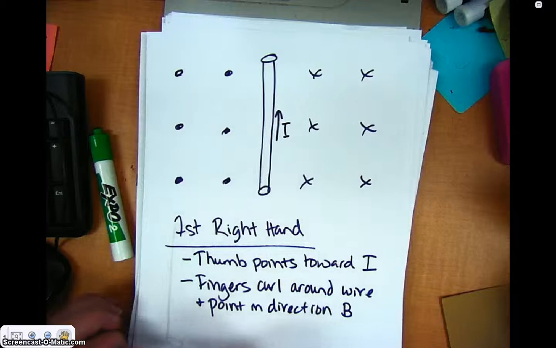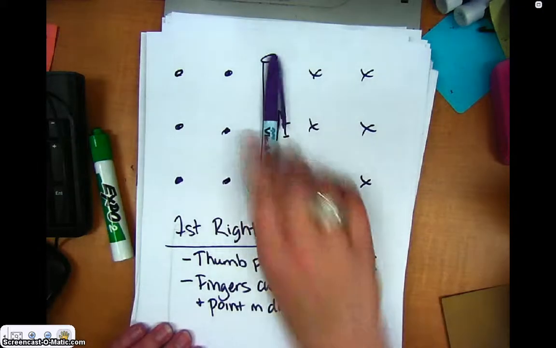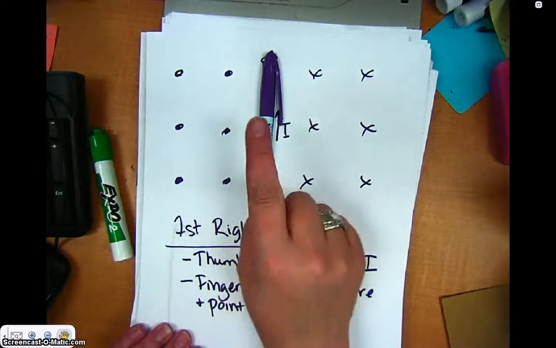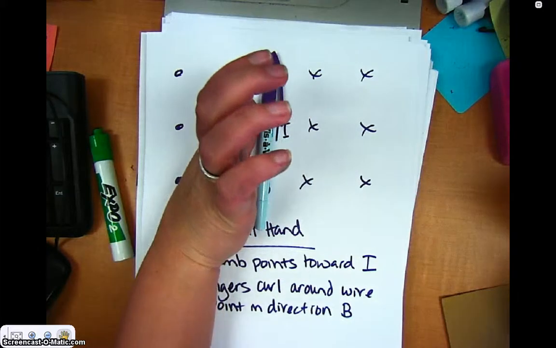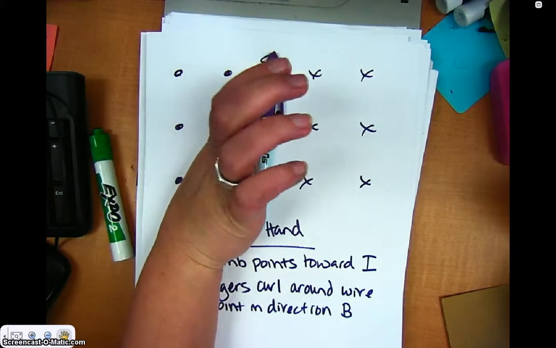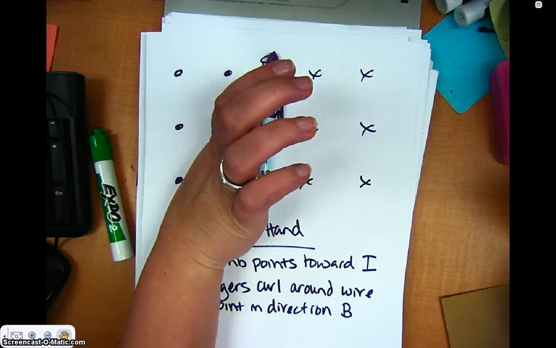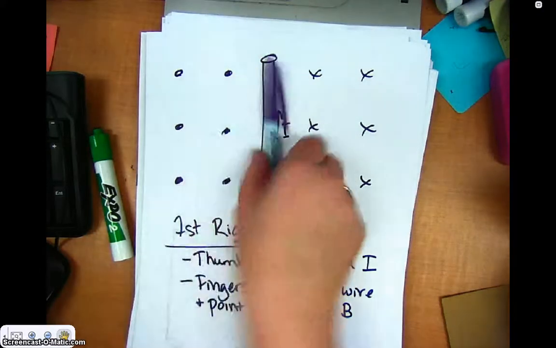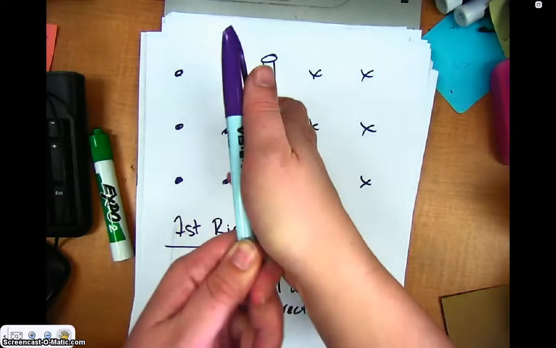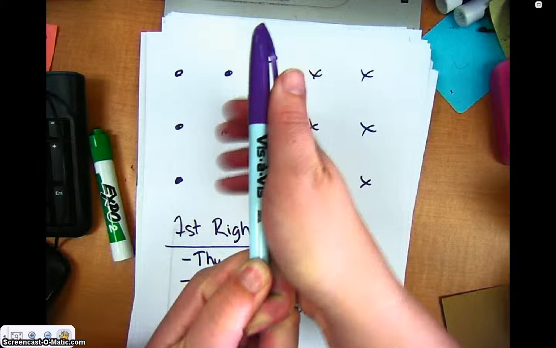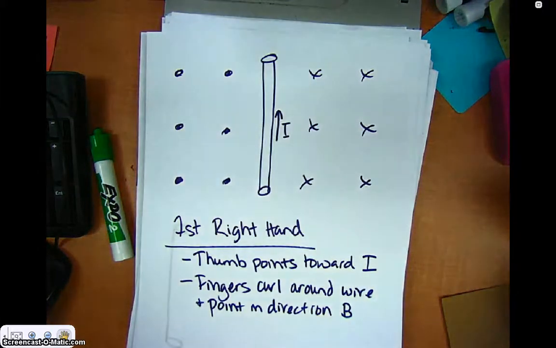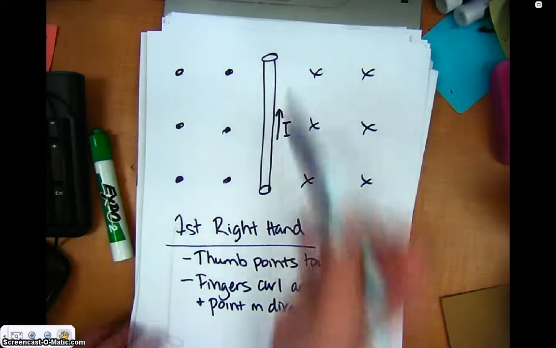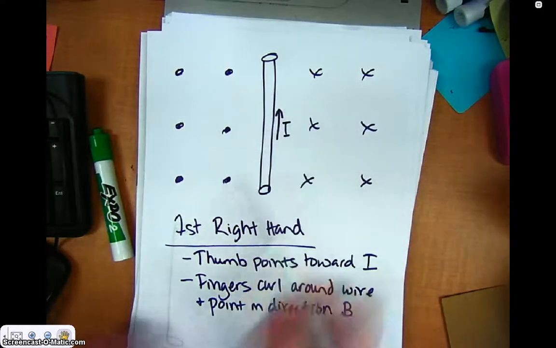Now, if I wanted to look, say, in front of the wire, so like up here, if I were to hold my hands like this, now my fingers would be pointing in this direction to the right. If I wanted to go down behind the wire, then they'd be pointing, as you can see, in this direction, which would be to the left. So we've got to think about it three-dimensionally. So a magnetic field is actually generated around this wire.